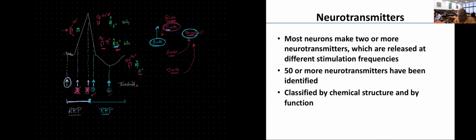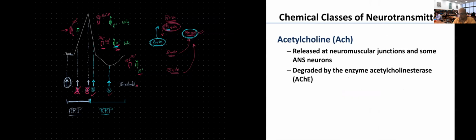Neurotransmitters, there are more than 50 different types that get released from the nerve cells, and they are classified according to their chemical structure and function. The first neurotransmitter, and the most famous of them, is acetylcholine.